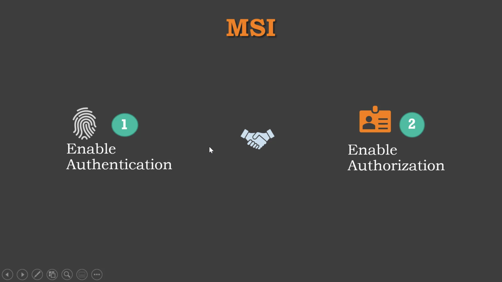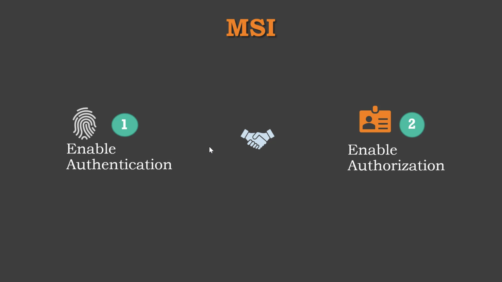But when it tries to connect to the target service instance, you need to assign the appropriate role on the target instance from source to target so that the communication works fine, which is your authorization part. If you do not assign the authorization using RBAC, then your MSI will not work.